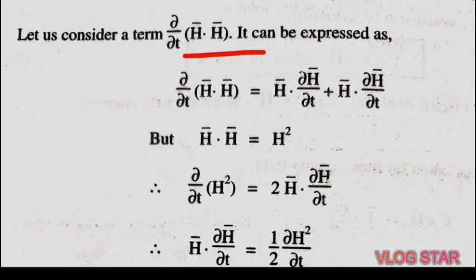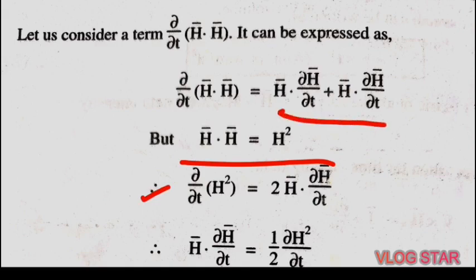It can be expressed as H bar dot dou H bar upon dou t plus H bar dot dou H bar upon dou t, and this H bar dot H bar becomes H square. So we can write dou by dou t of H square is equal to H bar dot dou H bar upon dou t plus H bar dot dou H bar upon dou t, which is equal to 2 H bar dot dou H bar upon dou t.